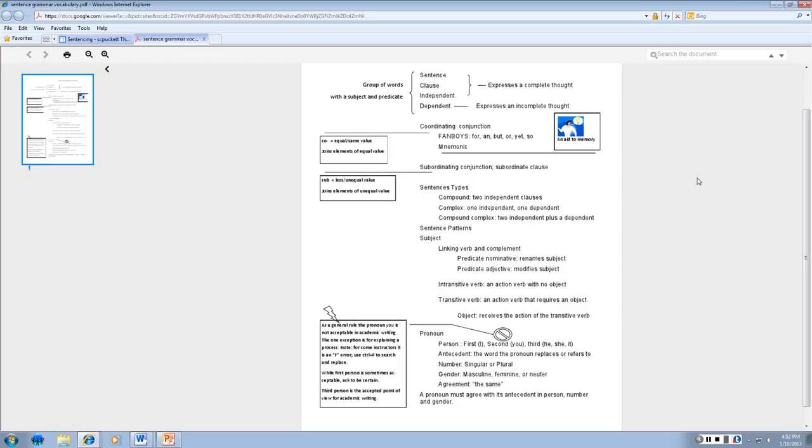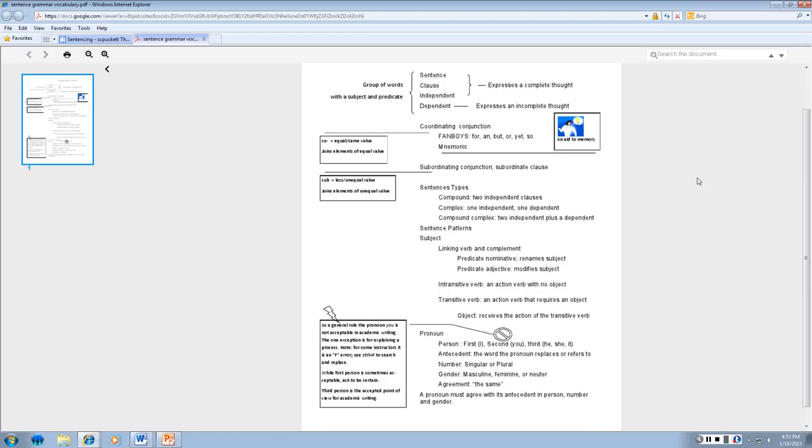A conjunction is something that puts two things together. You notice that coordinating conjunctions begin with the prefix co, and co means equal. So when we use coordinating conjunctions, we're saying that those things that we have joined are of equal value.